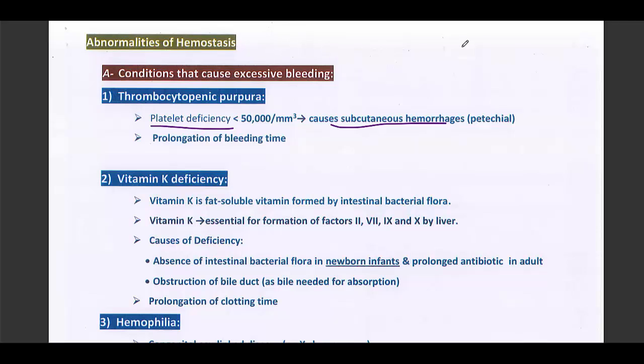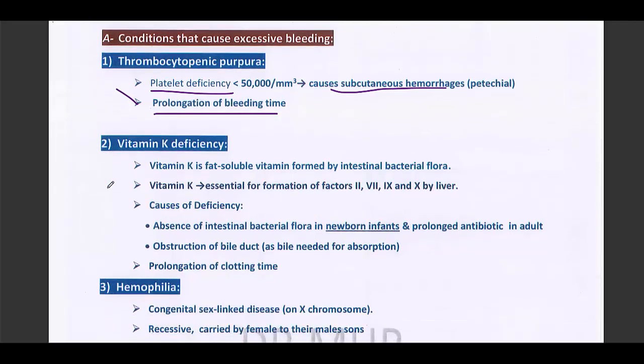You can say there is a kind of pigmentation on the surface of the patient's skin. And it is diagnosed by prolongation of bleeding time. Okay, it's very important: prolongation of bleeding time.